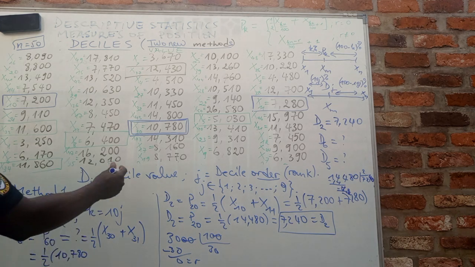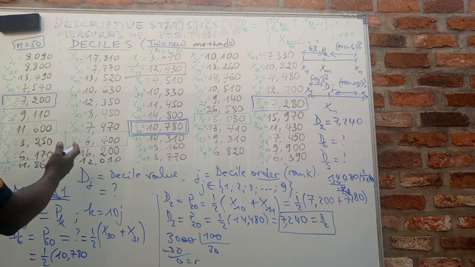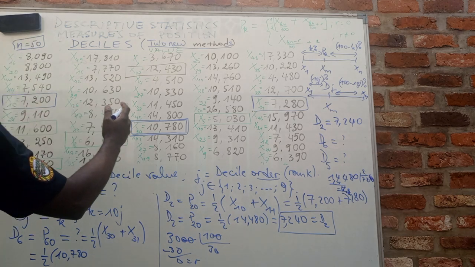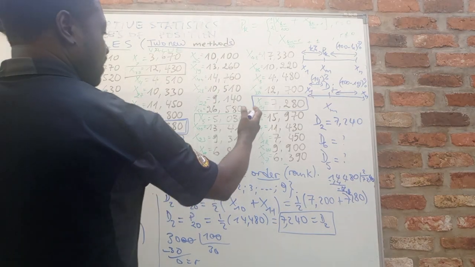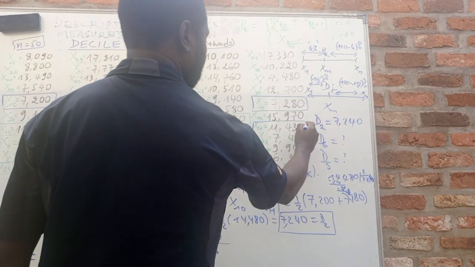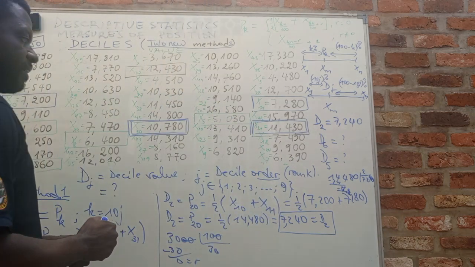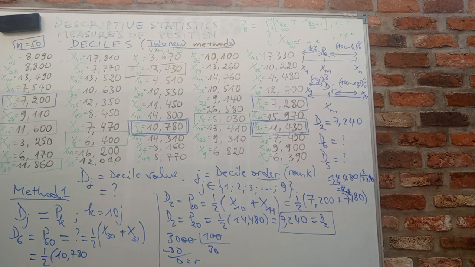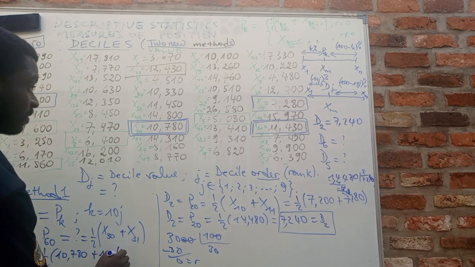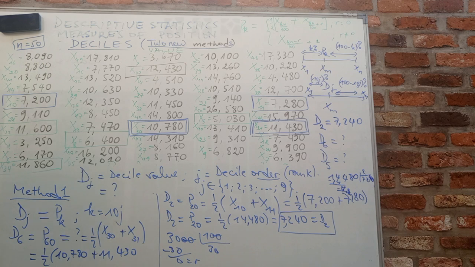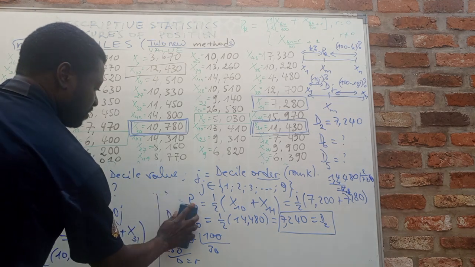Now we're looking for x sub 31. Checking here, let me check over here. It is exactly here. Now this is 11,430. I'm going to continue over here.